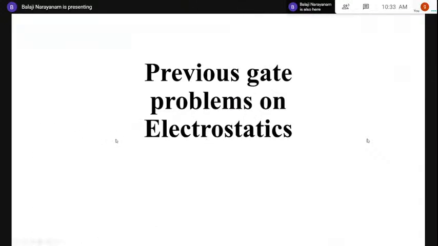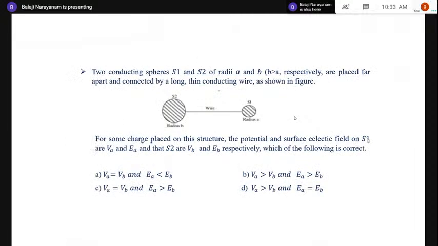So first of all, let us take the previous GATE problems on electrostatics. Suppose we are given a problem on two conducting spheres. Two conducting spheres S1 and S2 are given. Their radii are A and B. This is one sphere S1 with radius A and another sphere S2 with radius B. It is clearly given that the radius B is greater than radius A. That means the radius of S2 is greater than the radius of S1.